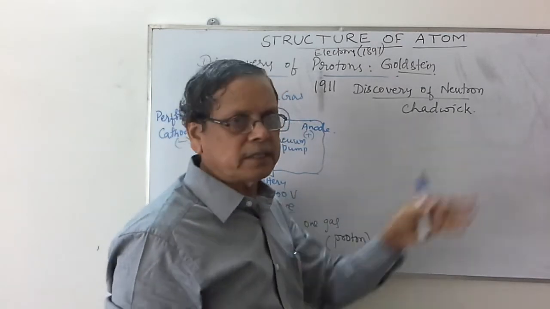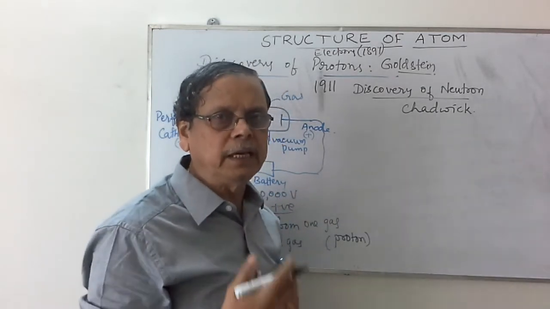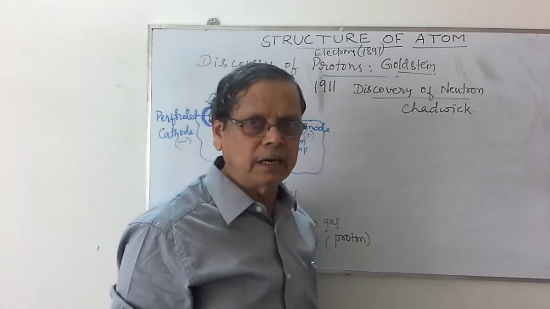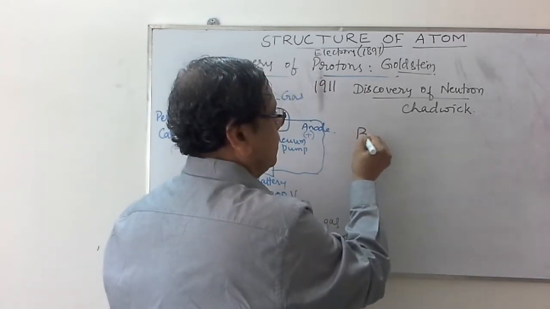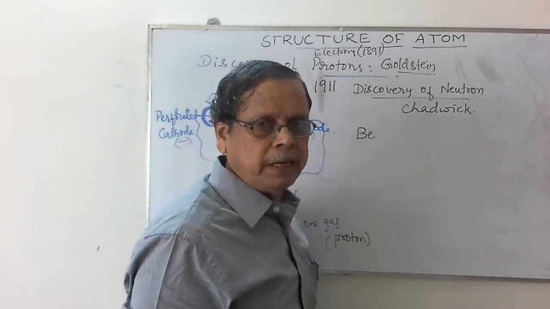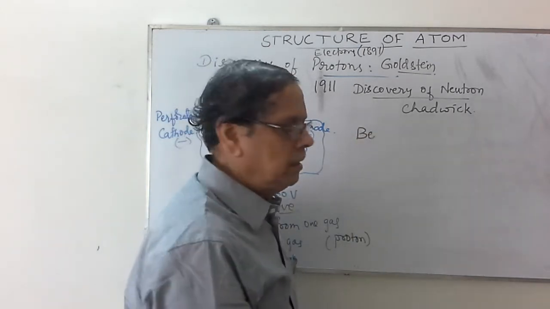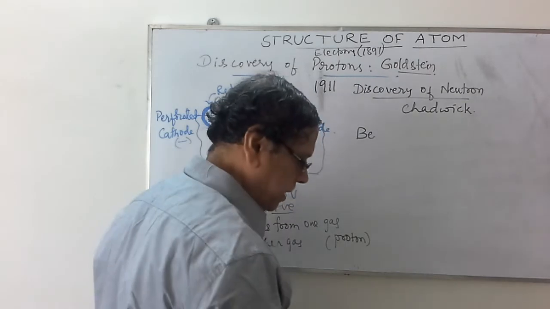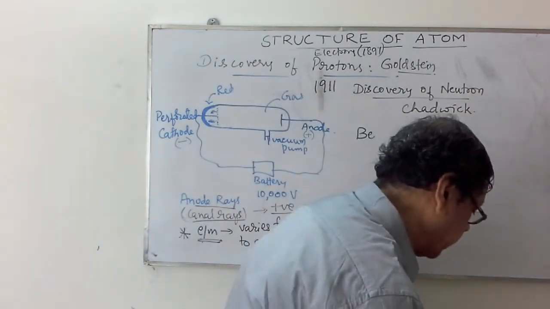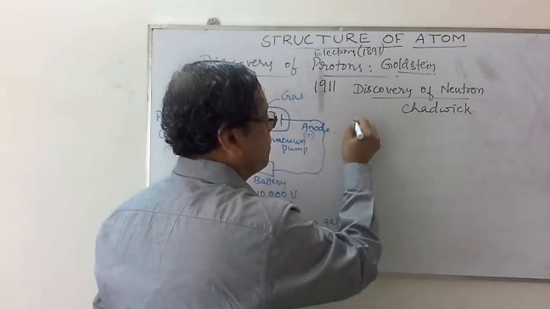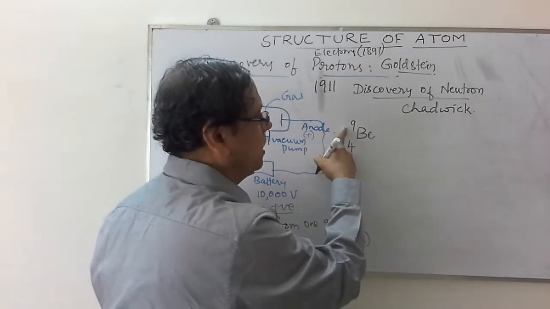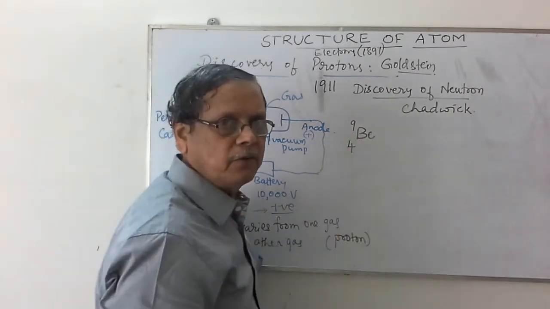Chadwick was carrying out some experiments with radioactive reactions, artificial radioactivity. He took the radioactive beryllium atom. The beryllium atom has atomic number 4 and atomic mass 9.